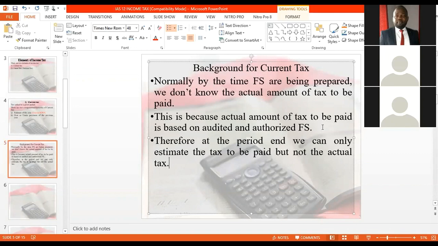In that case, we can say that you underestimated. You underestimated what? Tax. Why did you underestimate? You said it will be 1 million, but it turns out to be 1.2 million. So in that case, you underestimated. So I hope everyone understands what underestimation is.